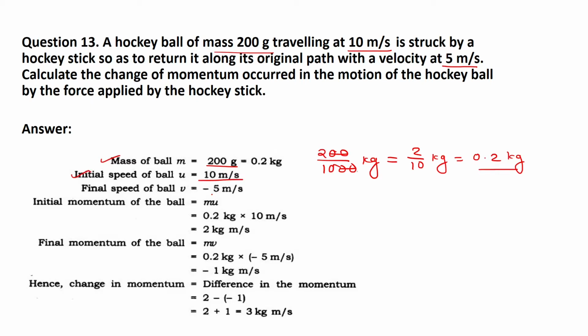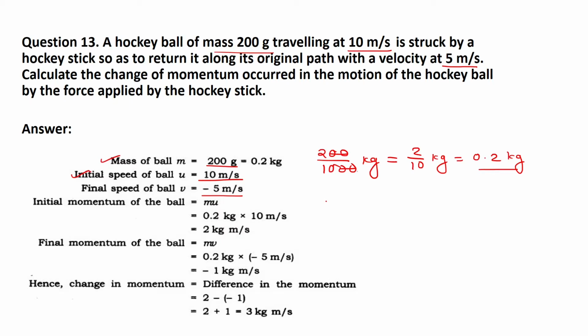Final speed of the ball will be minus 5 meter per second, because the minus sign is there as this ball is moving in the opposite direction. It's struck by the hockey stick and so it's returned in its original path with velocity 5 meter per second.